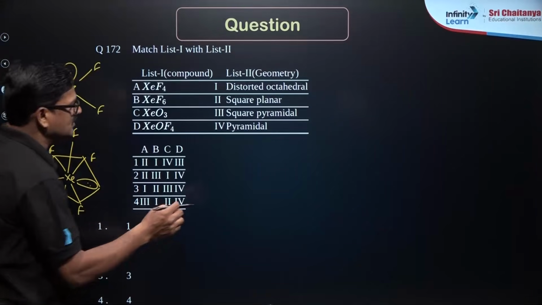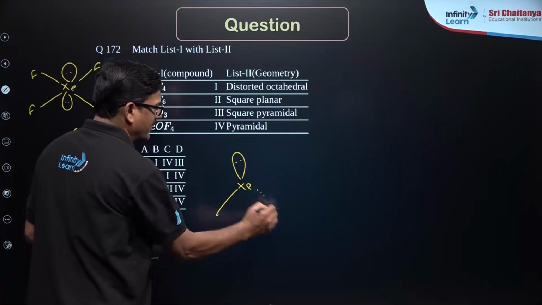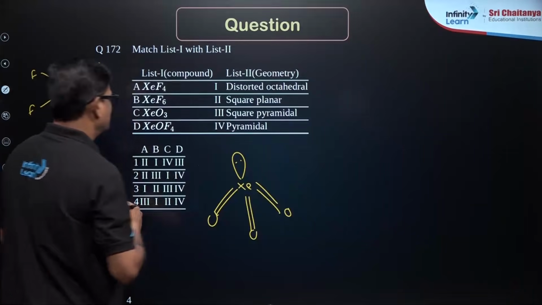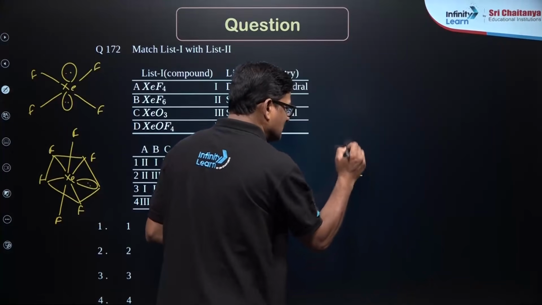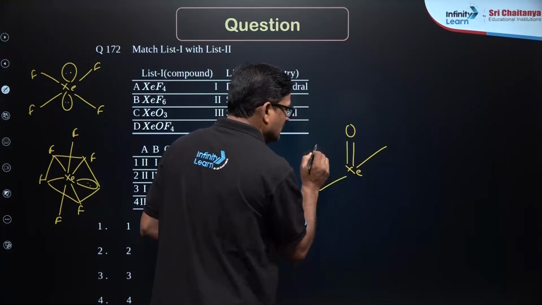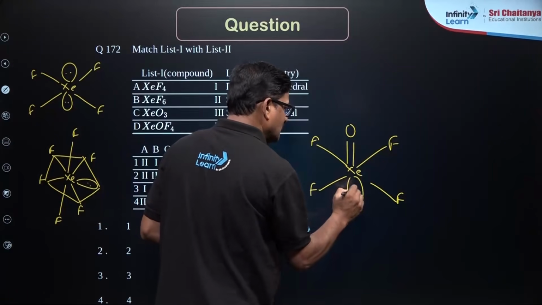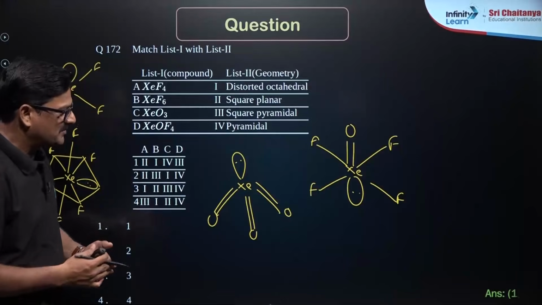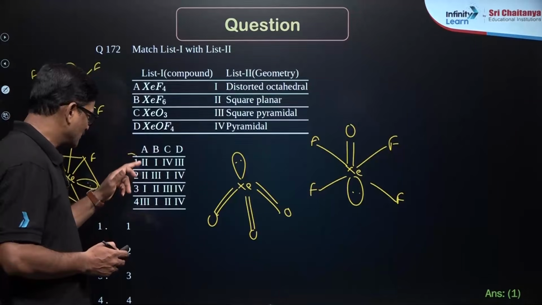XeO3 is going to be Xe, and it is pyramidal, with double bonds to three O. XeOF4, Xe double bond O, and F, F, F, F, it is going to be square pyramidal. So I just want to say option 1 is the correct answer for this question.